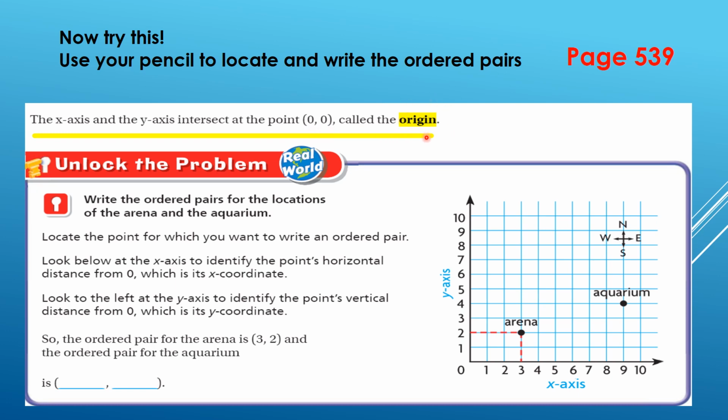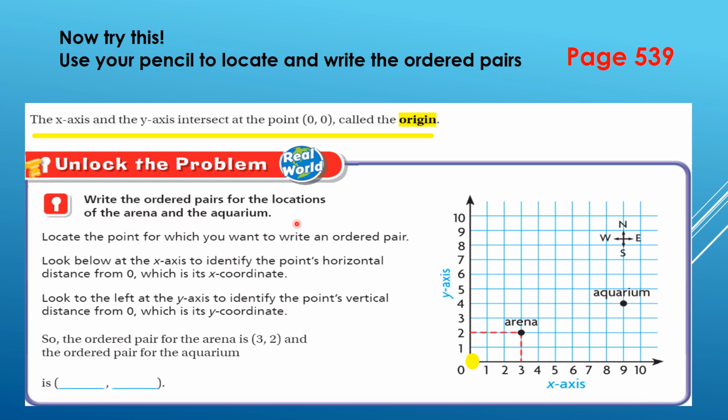Can you please use your pencil and locate the origin on this coordinate grid? It will just take a second. Perfect. This is the origin, 0, 0. Now, in this question, the book wants us to locate two locations, the arena and the aquarium.